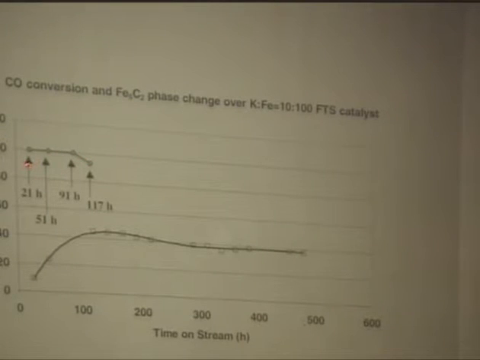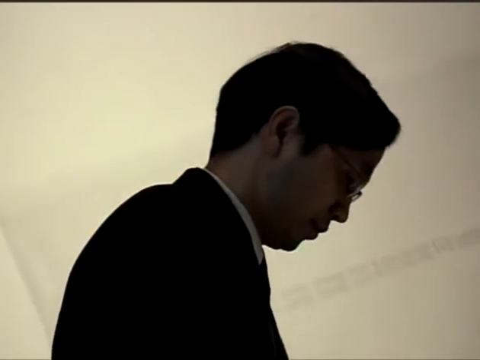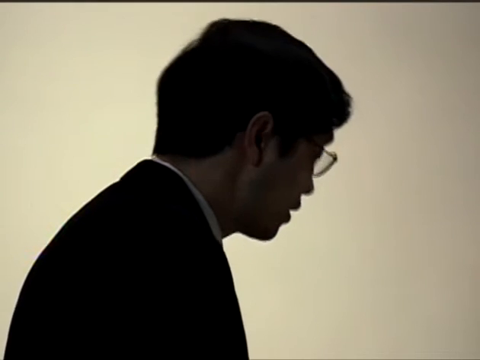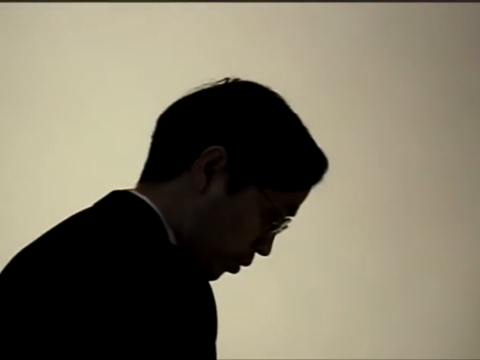Then they started to decrease after 100 hours. So that means the higher the potassium content, the longer it takes for the iron carbides to start to drop.